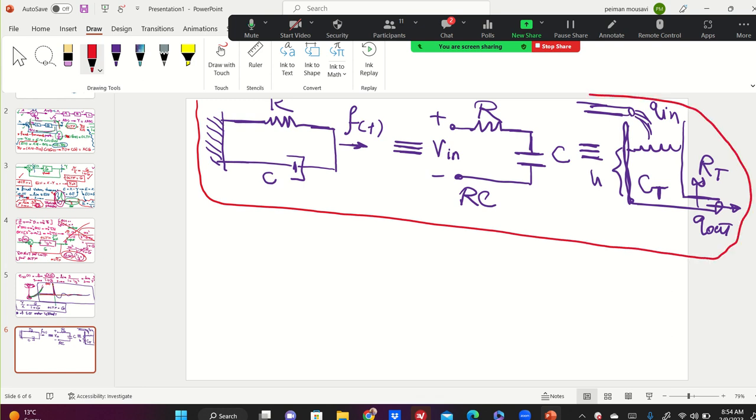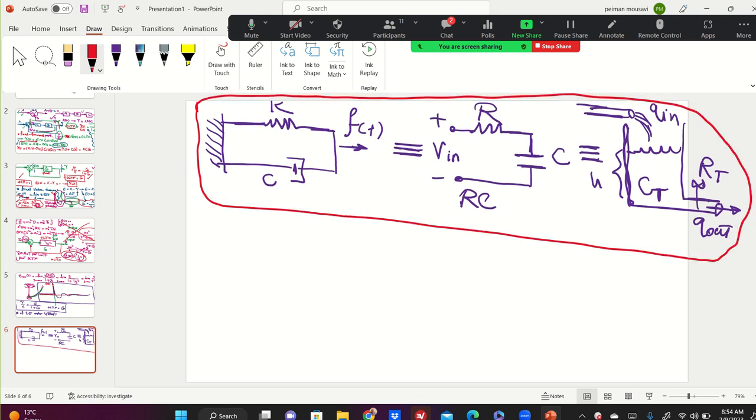They are the same systems, and we name them first order systems. When I draw the mathematics, eventually I'm going to model them in Simulink and MATLAB based on the block diagrams. Okay, everyone?